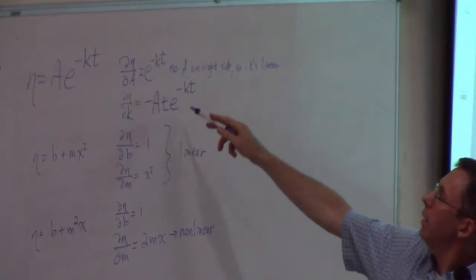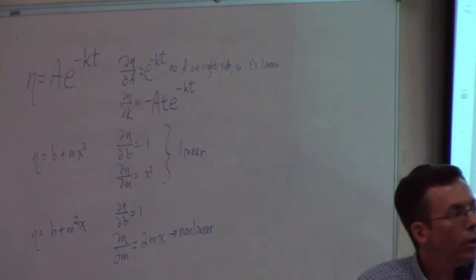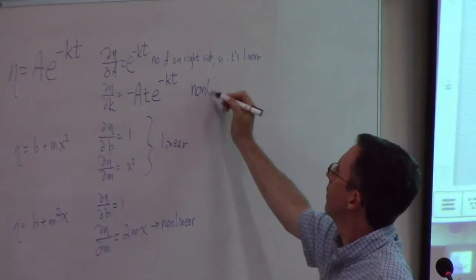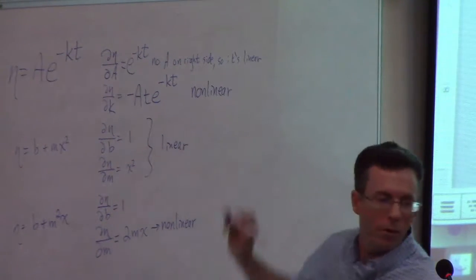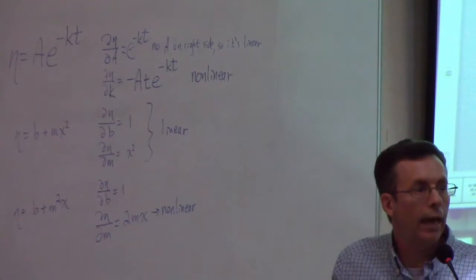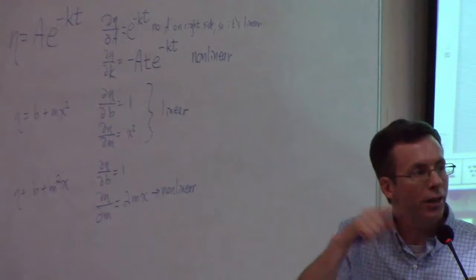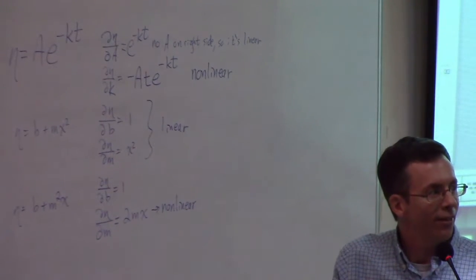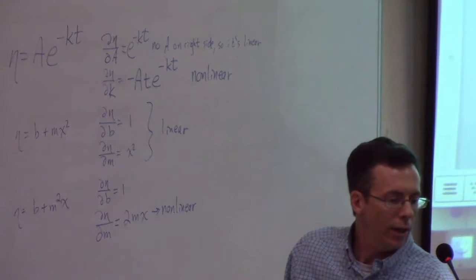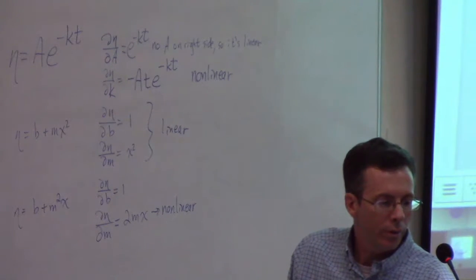Minus at e to the minus kt. So linear or nonlinear? Nonlinear. So that means that you have to put in a guess for k and then do iteration. You cannot just do one time through.